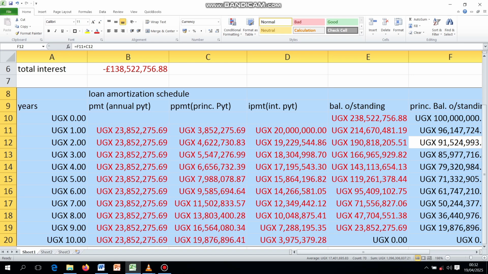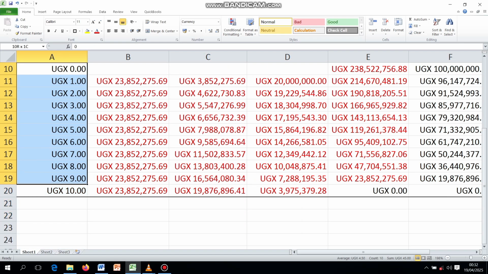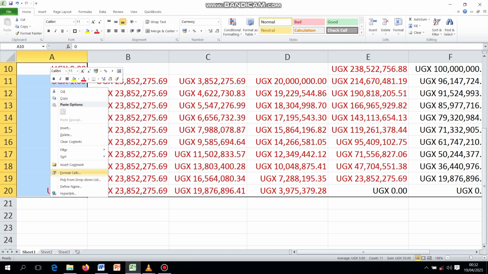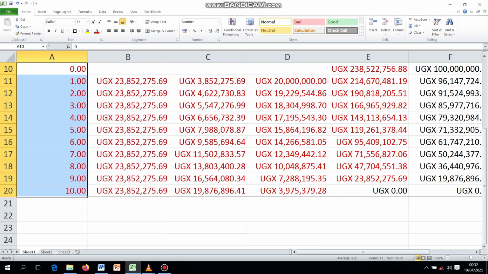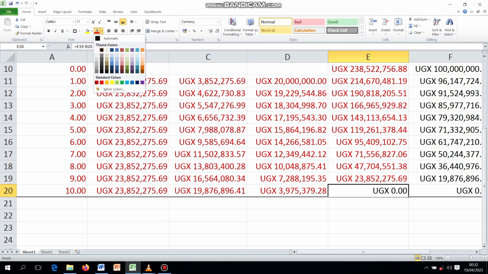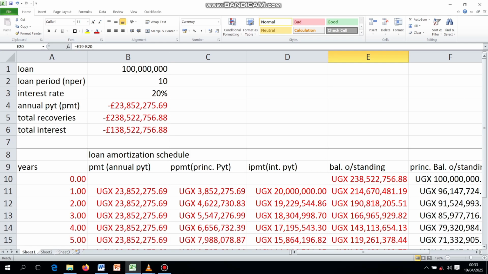Following that, I'll highlight this, highlight that, I'll highlight this, I'll put it into red. Then I will remove the currency because it's none. Now I'll apply. When I apply this, I'll change the font, then also this one.